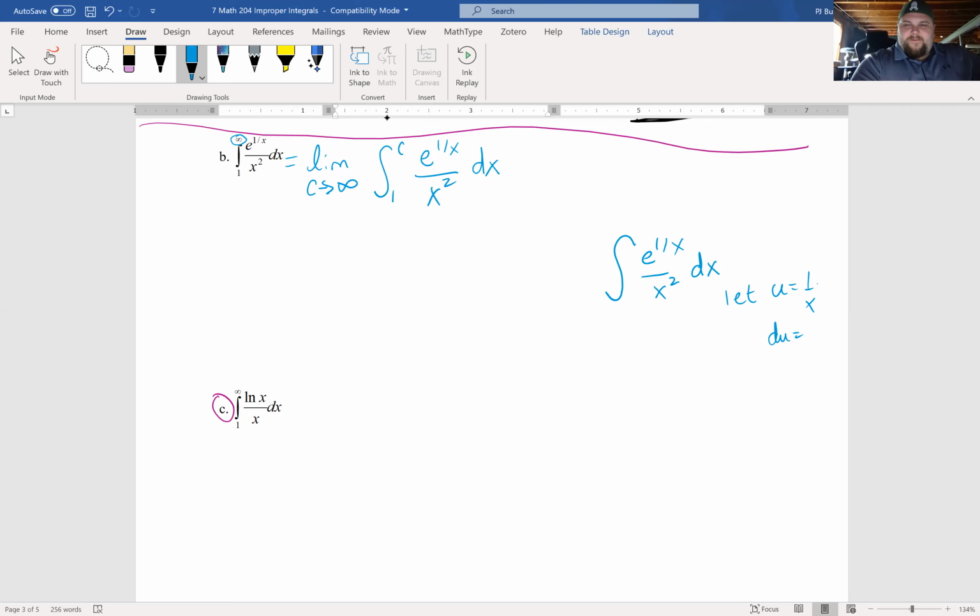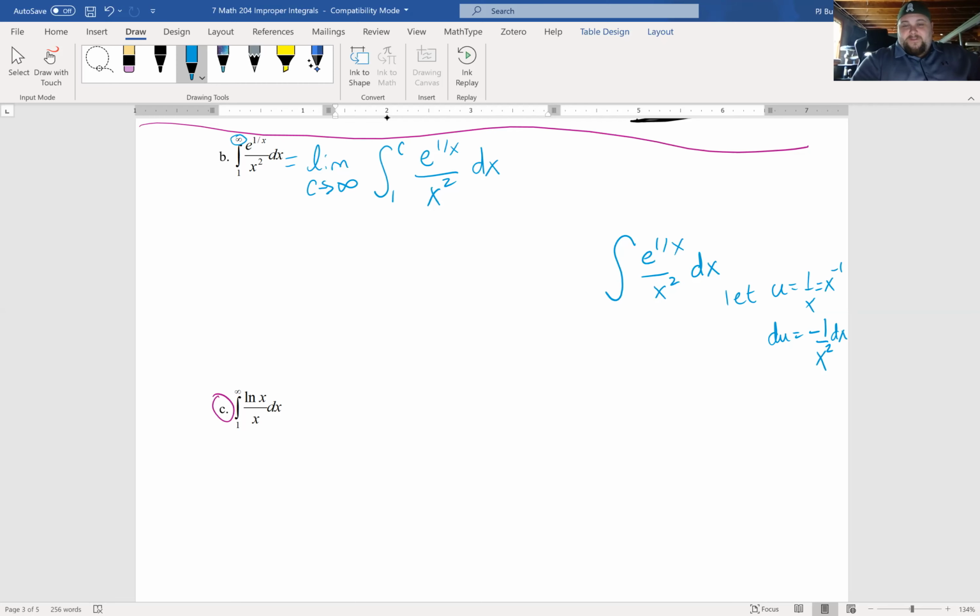If I rewrite this way, it might help. It would be this. We've got the minus 1 over x squared there, or we've got the 1 over x squared.